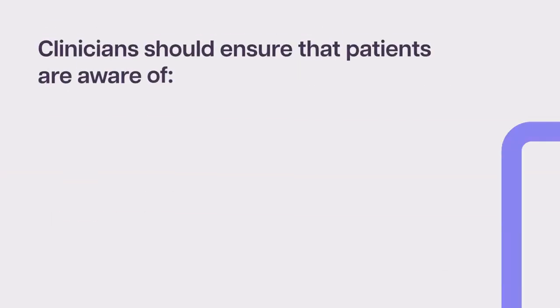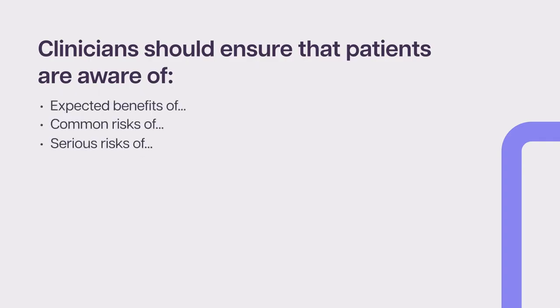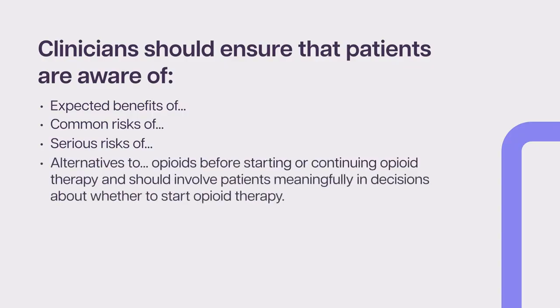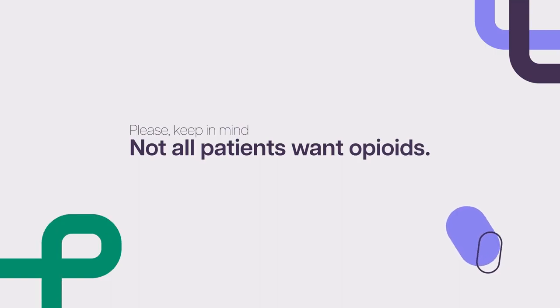Before starting any opioid pain medications, clinicians should ensure that patients are aware of the expected benefits, the common risks, serious risks, the alternatives, and patients should be involved in the decision about whether or not to start opioid pain medications in the first place. Oftentimes, patients will present with some kind of pain, and there's a temptation to assume that the patient is asking about opioids. This really is not always the case.